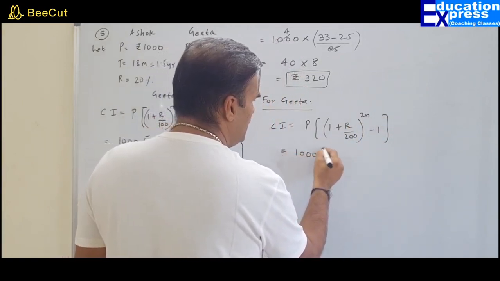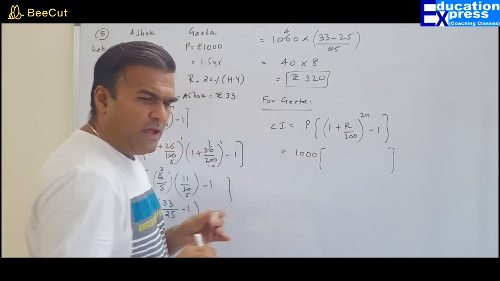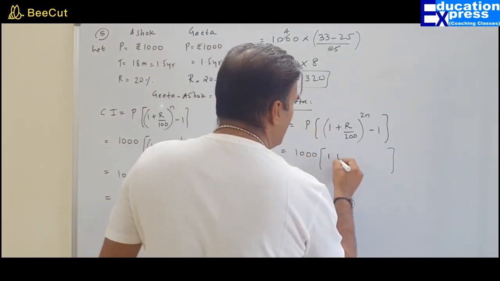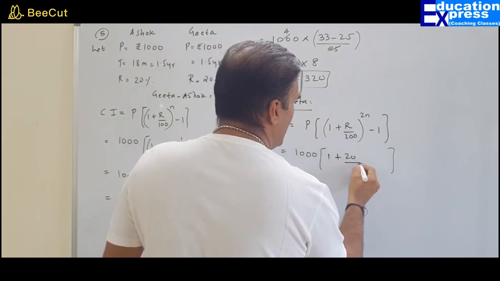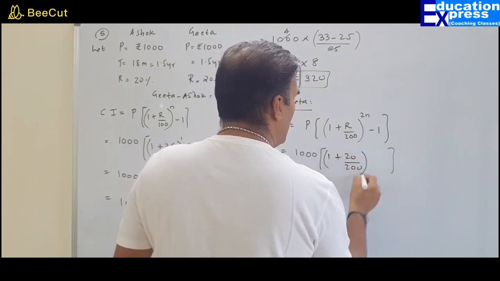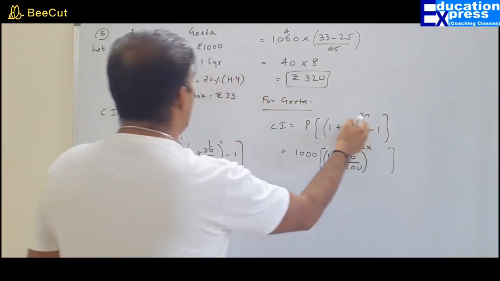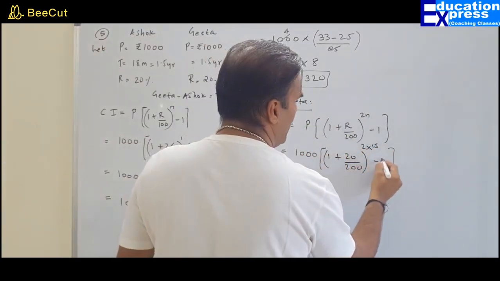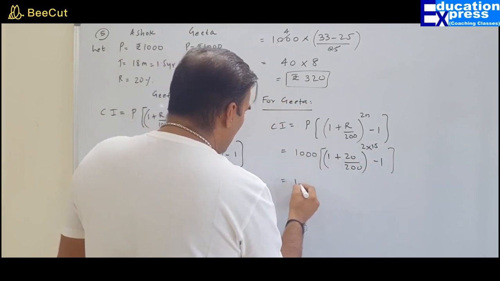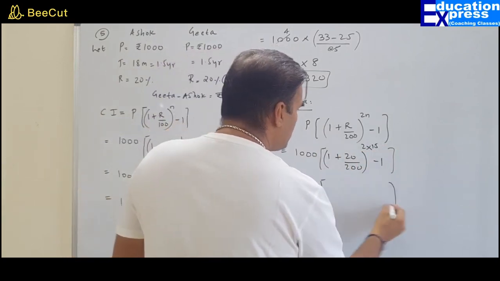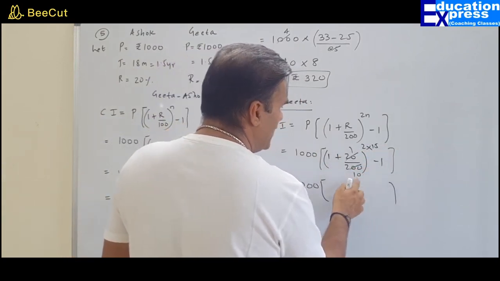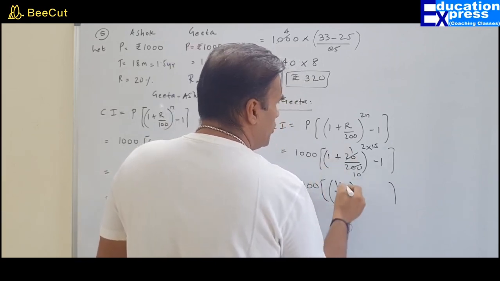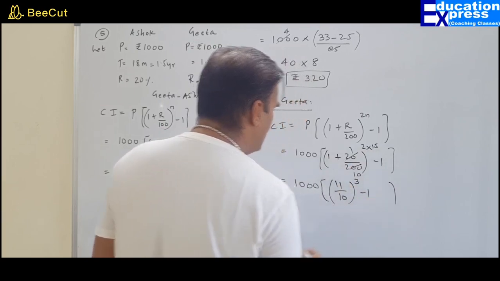So 1000, after 1000, what about 1 plus R, 20 upon 200, raised to 2 into n. N is 1.5 year. So 2 into 1.5 minus 1. 1000, ones and tens are 10 plus 1, 11 upon 10, the whole thing raised to 3, minus 1.